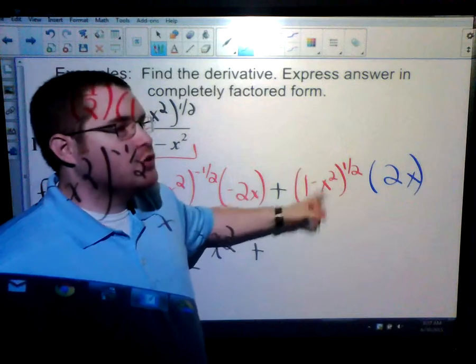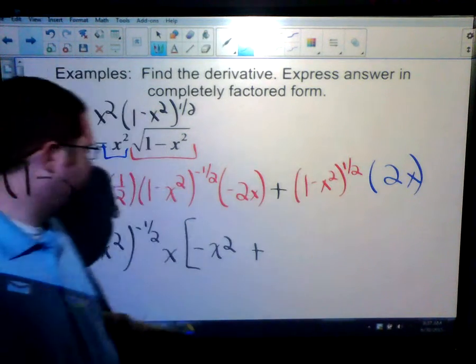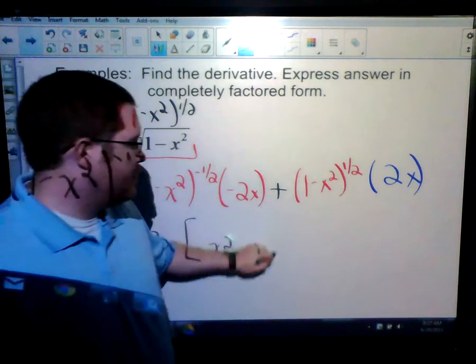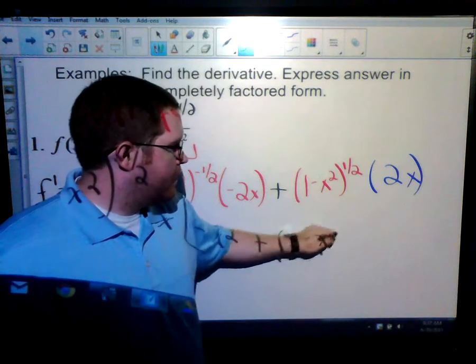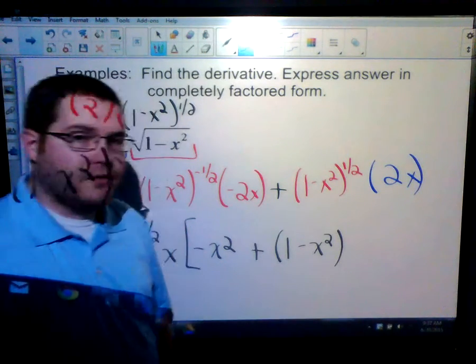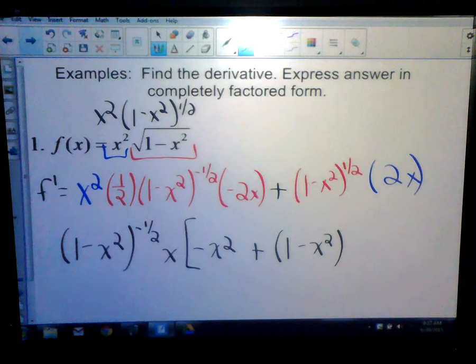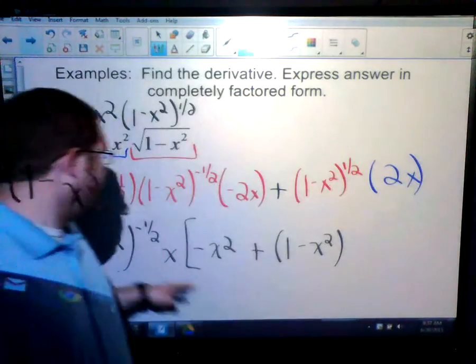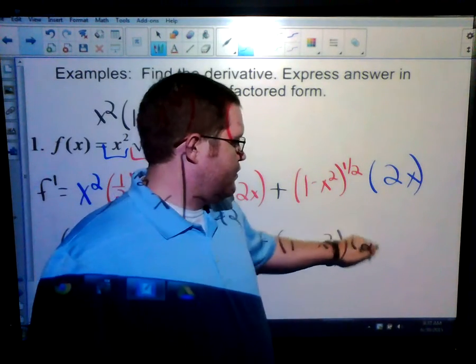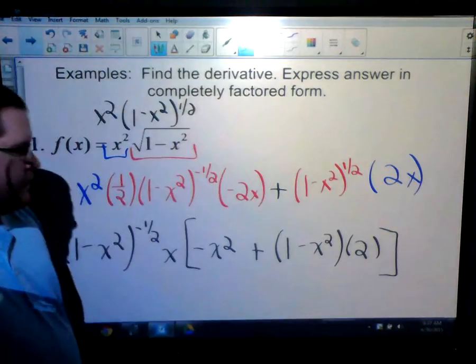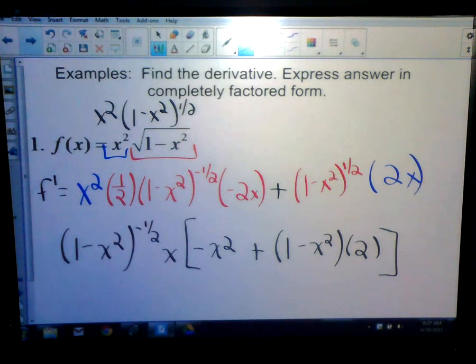Or you divide, which means you subtract the powers. 1/2 minus negative 1/2 is first power. Whatever's left over will always be a first power, because when you do chain rule, you only subtract one power. I've already pulled the x out of this, so the only thing left here is 2. Again, if you have trouble with this, there's many more examples on Edline. A lot to practice.